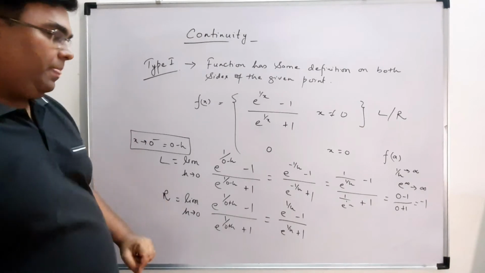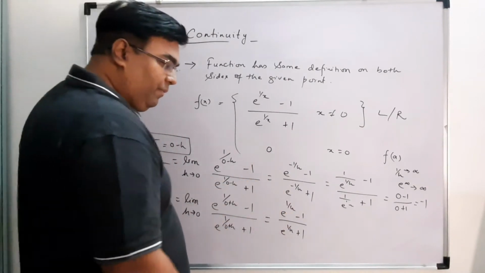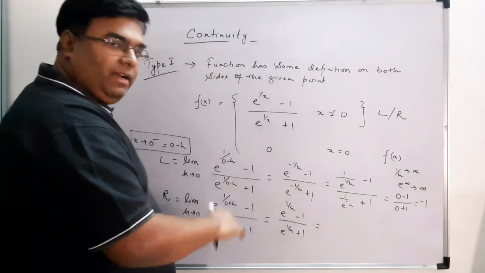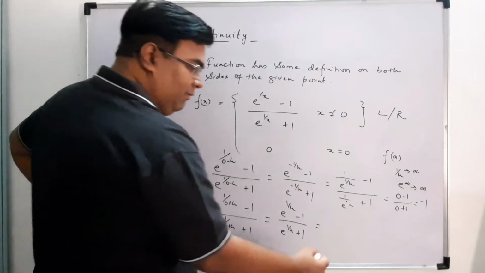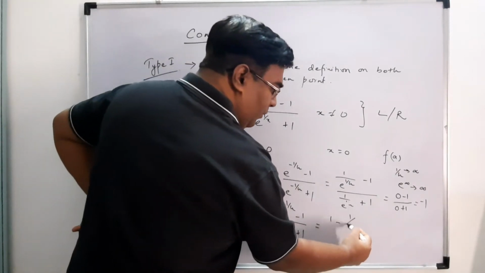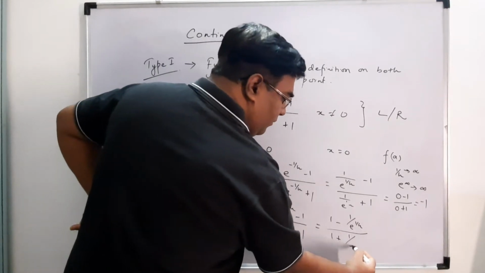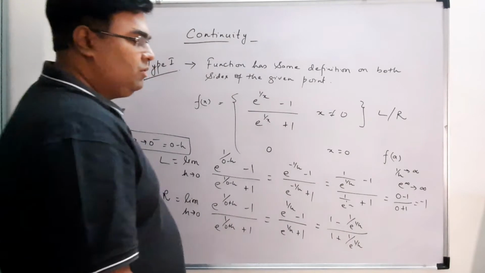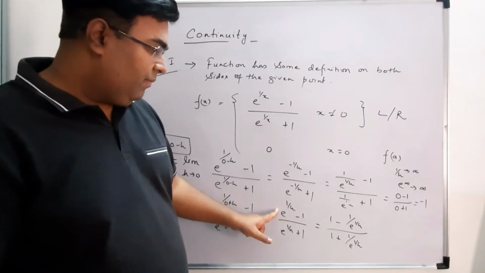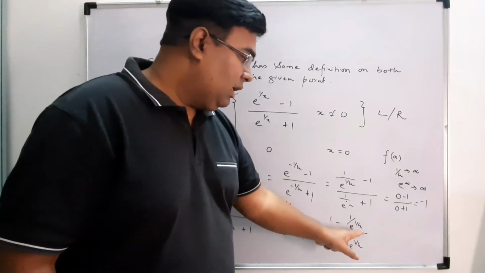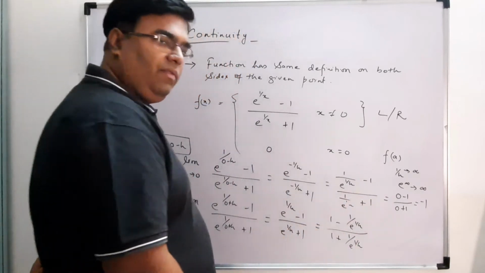Now we cannot take infinity as our value, so what we need to do is divide all the terms by e raised to 1 by h. So it will be like (1 minus 1 upon e^(1/h)) upon (1 plus 1 upon e^(1/h)). What we have done is divide all the terms by e^(1/h), so that this term comes in the denominator, because we know that in the denominator we can take the value as infinity.